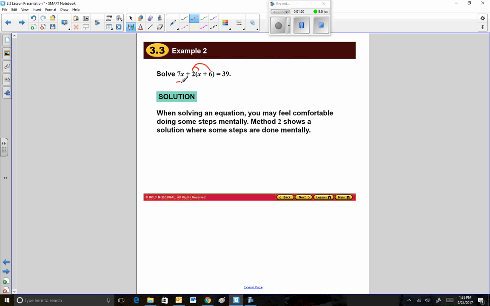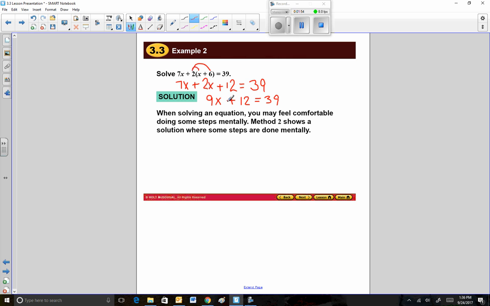So we have 7x, bring it down, plus, we have to do the distribution, so 2 times x is 2x, and 2 times 6 is 12, so we put plus 12, and equals 39. So now we have 2x and 7x. They're like terms, they're on the same side of the equal sign, so we just go, oh, 7 plus 2, that's 9x, and of course plus the 12 equals 39.